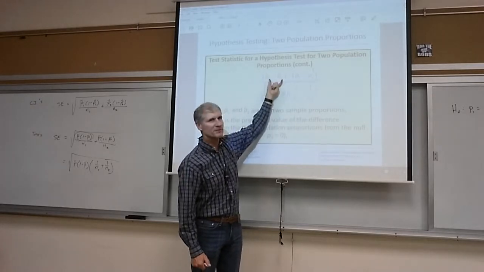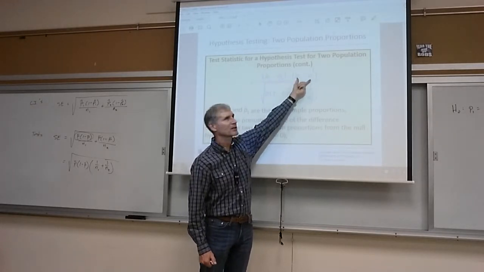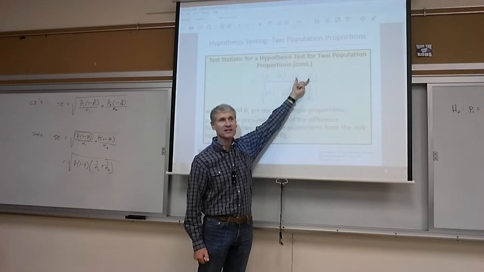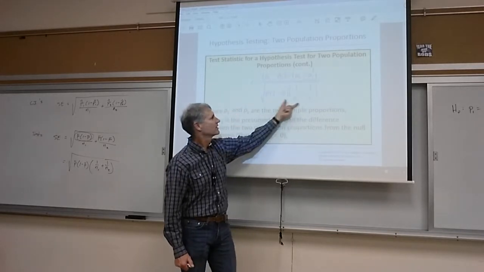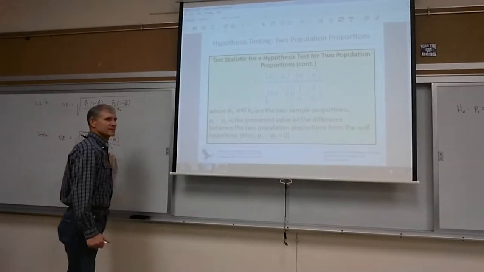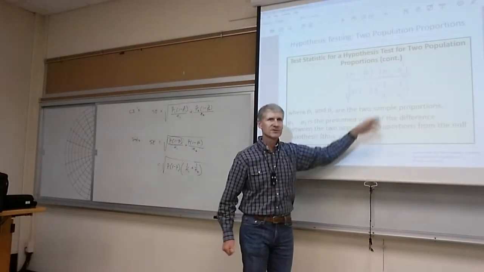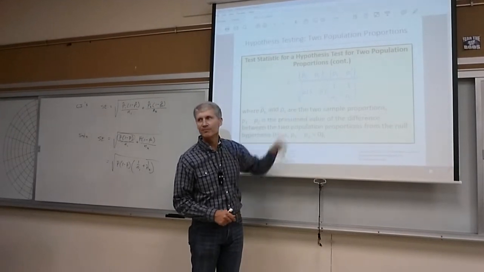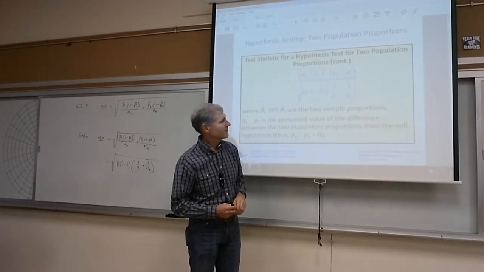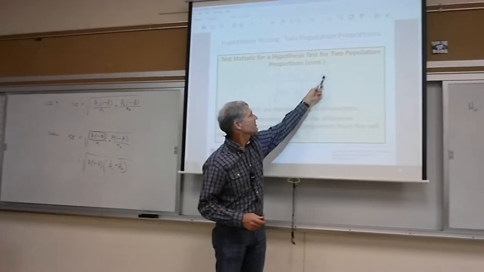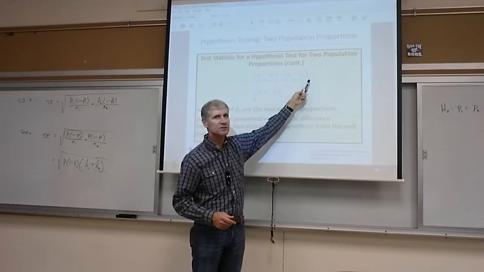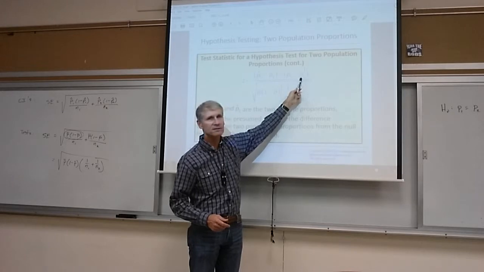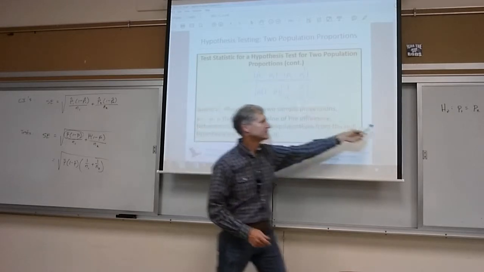So the sample difference in proportions minus the hypothesized value of the population difference, over the standard error. When you divide by the standard error, you standardize it, you get a Z test statistic. You get a Z-score. Now, what is the hypothesized value if the null is true for this second part? 0.